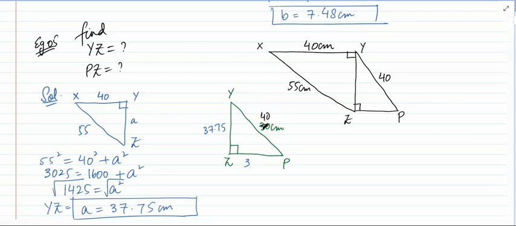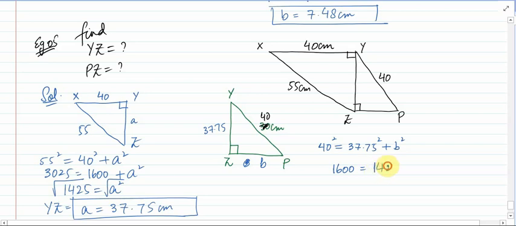Now you need to find the value of PZ. So let's call this length B. Applying Pythagoras theorem, it will be 40 squared equals 37.75 squared plus B squared. So 40 squared, you know that it's 1600. 37.75 squared is 1425, plus B squared.